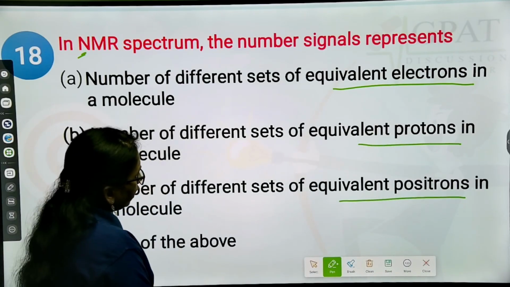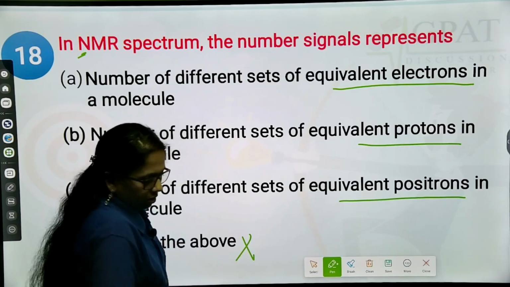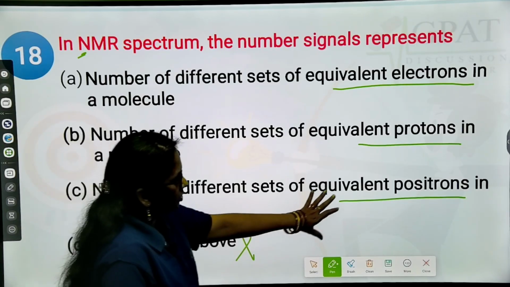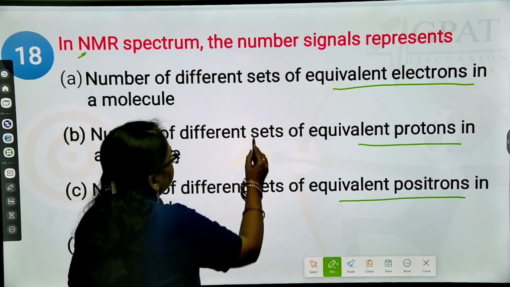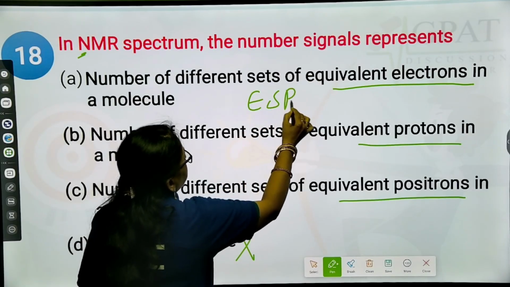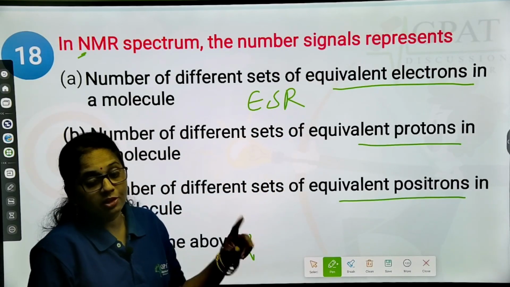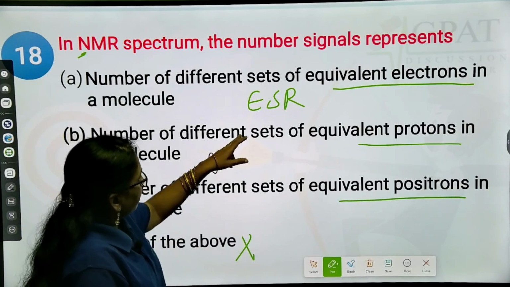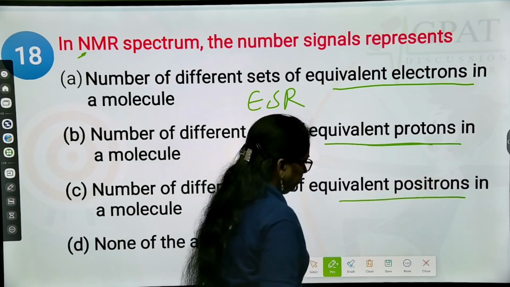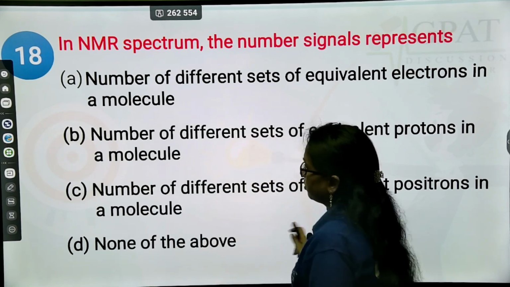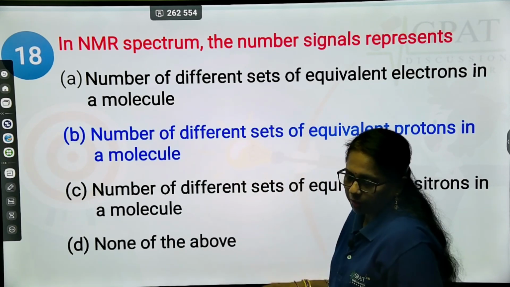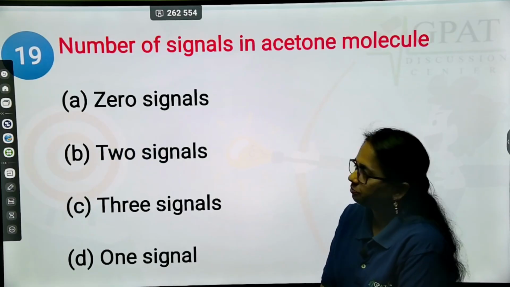Okay, so none of the above means it is going to be a wrong answer. Positrons you are not going to get from NMR, and electrons also you are not going to get. If you are getting electrons, that is called ESR, electron spin resonance spectroscopy. In NMR you are going to get protons, proton NMR, whatever we are going to study. Okay, so option B is going to be the right answer.